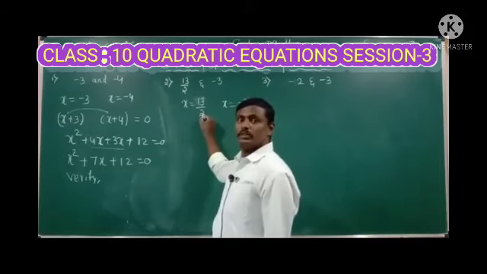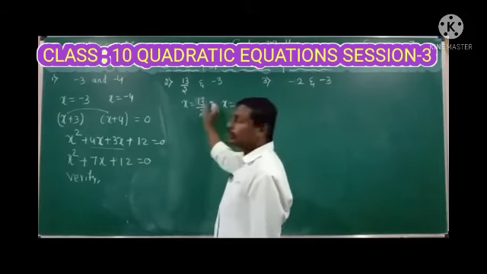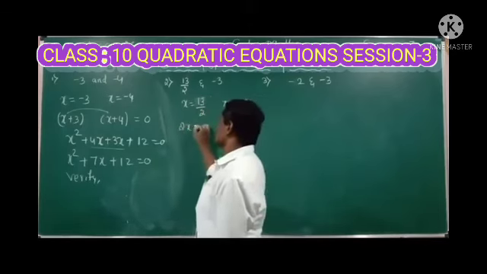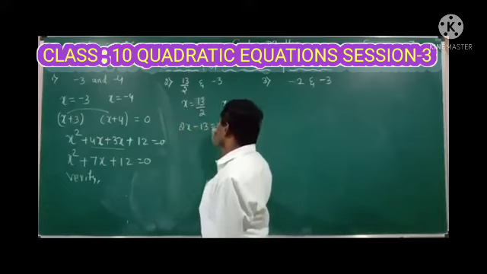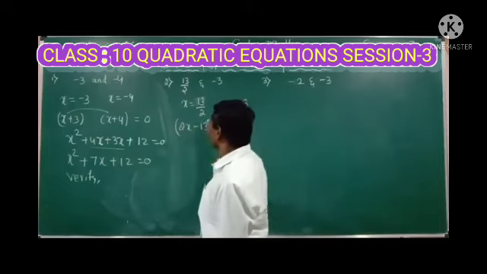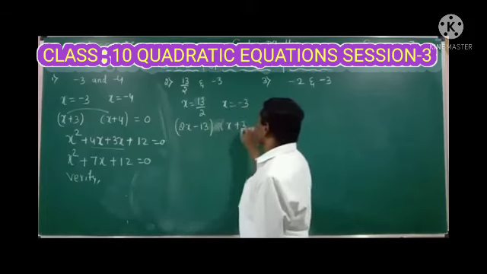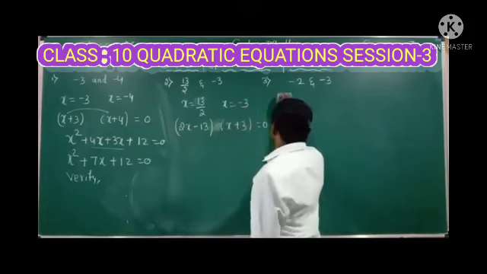First, take this term to the LHS side. So 2x minus 13 is equal to 0 is one term, and x plus 3 is equal to 0.